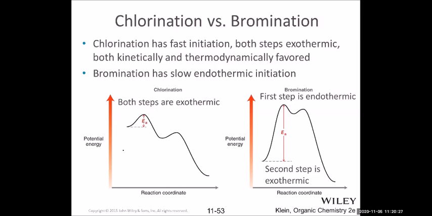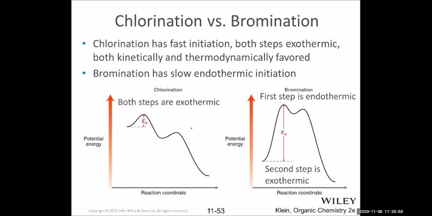For the chlorination reaction, if you look into the energy diagram, it has a low activation energy for the first step. That means the chlorination reaction is kinetically favored. It has a low activation energy, so it should still go very fast.